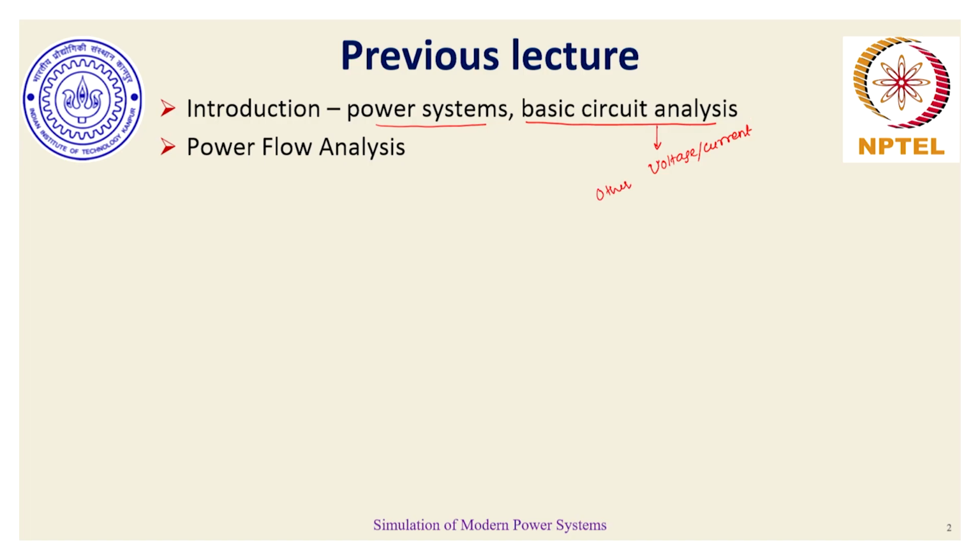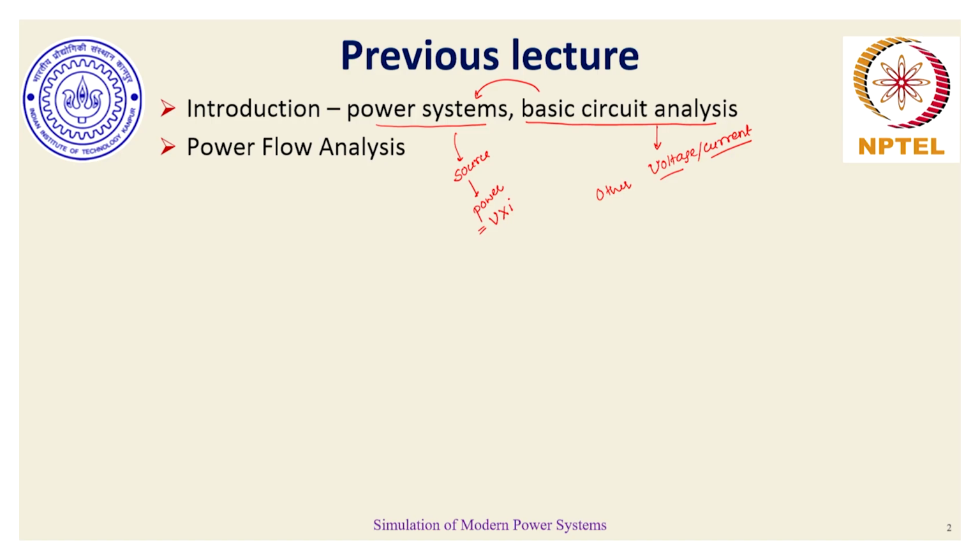The same circuit analysis, if done for a power system where sources are defined as voltage or current sources, would have been true. But the problem with conventional sources in power systems is that the sources are defined in terms of power, which is inherently a product of voltage and current.